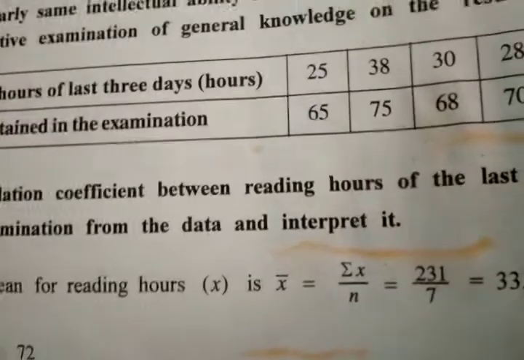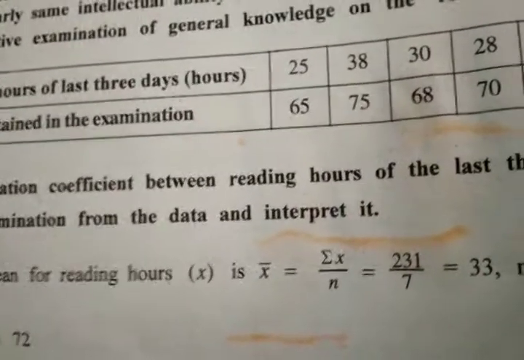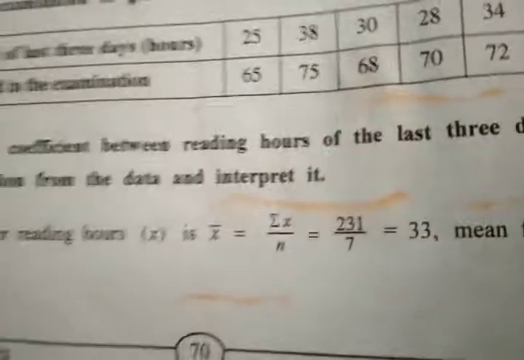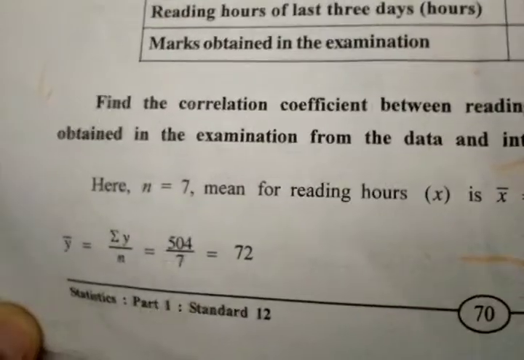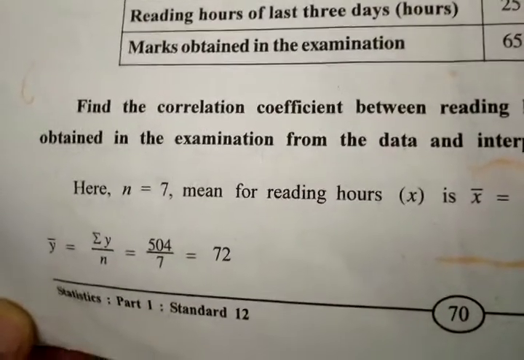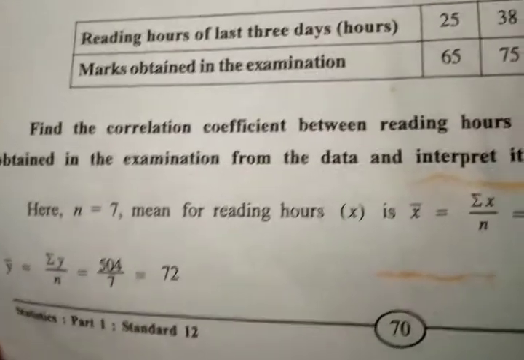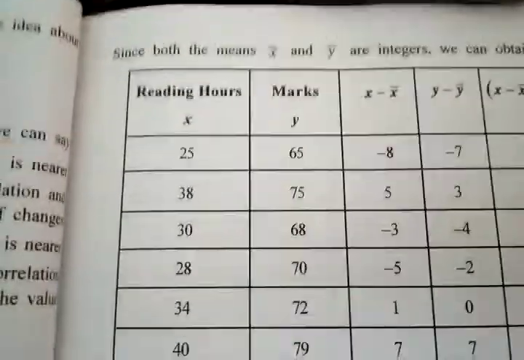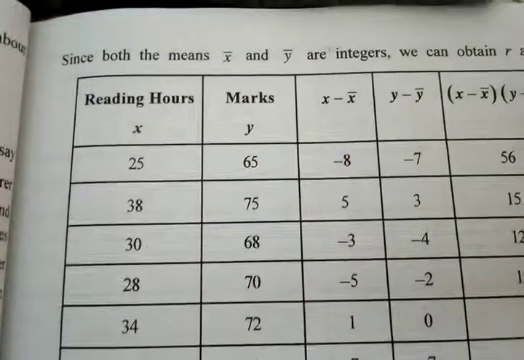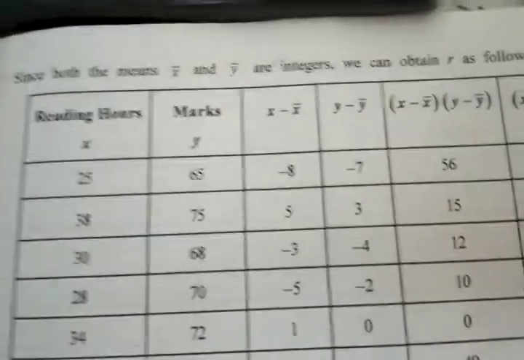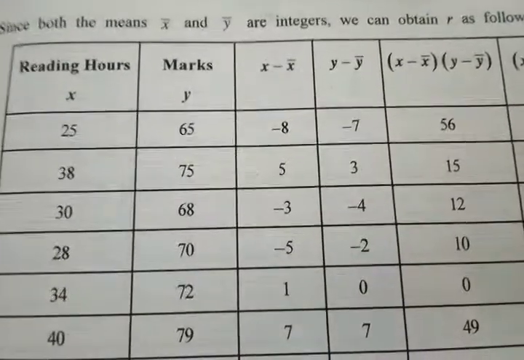Here x bar is sigma x upon n, which is 231 by 7, which is 33, and mean y is sigma y upon n, which is 504 by 7, that is 72. So both means are integers. When they are integers, we can use the direct method, where, as in the third column, x minus x bar and y minus y bar are directly found.